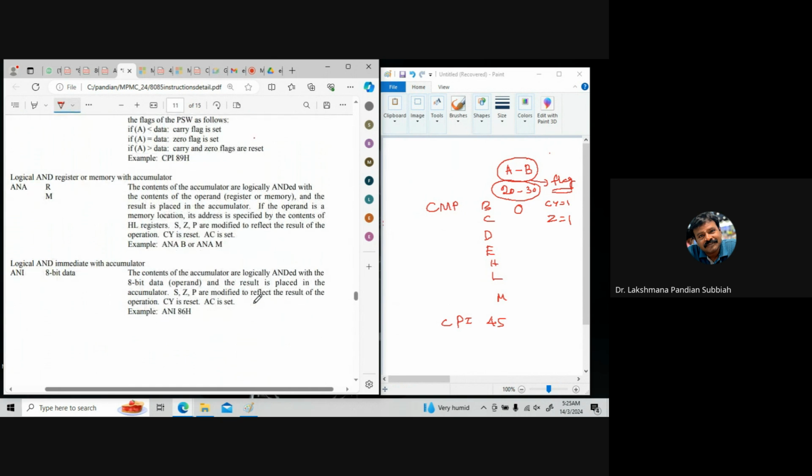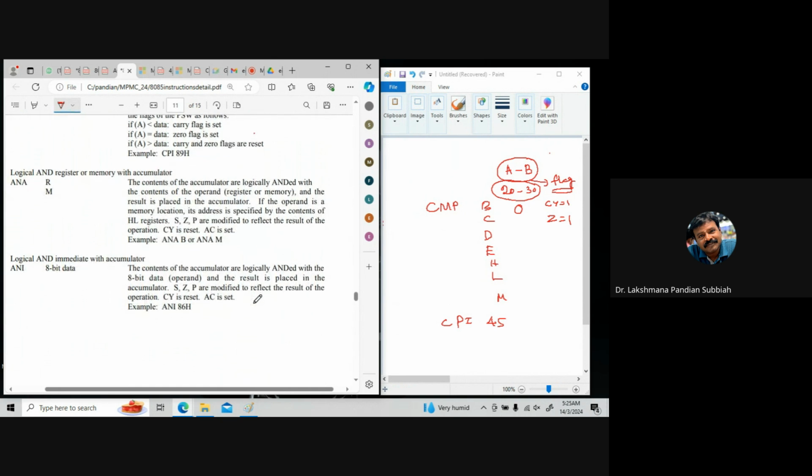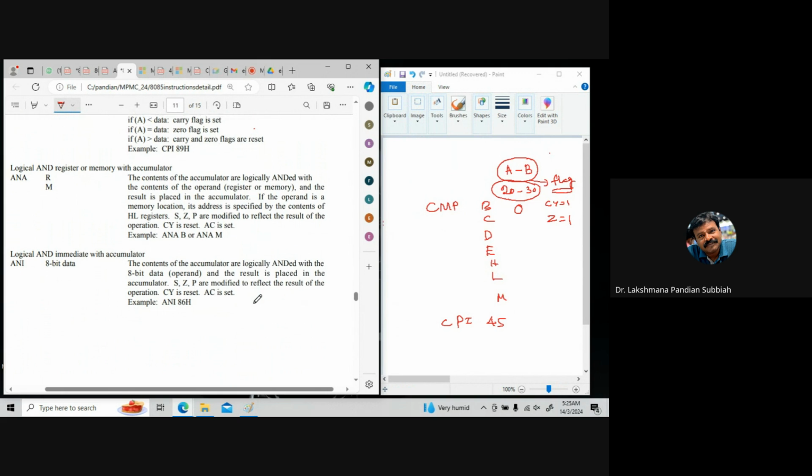Next we have AND with accumulator. AND operation with accumulator is A AND A, right? AND operation with immediate is also an AND operation.